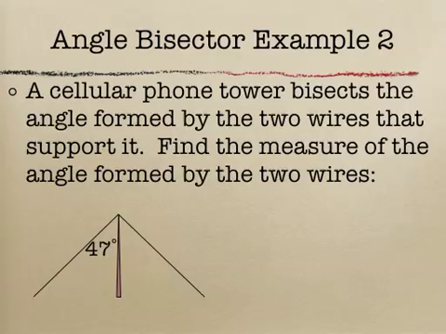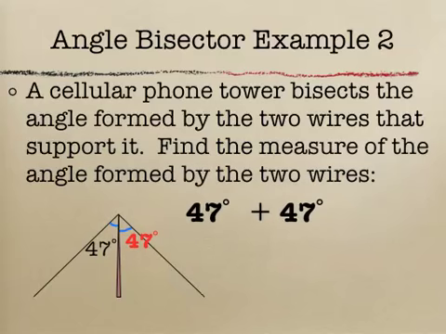It tells us that the cellular phone tower is bisecting the angle, which means that it's creating two equal angles. So if one angle is 47 degrees, then the other angle is going to be 47 degrees. It asks us to find the measure of the angle formed by the two wires, so the two black lines.